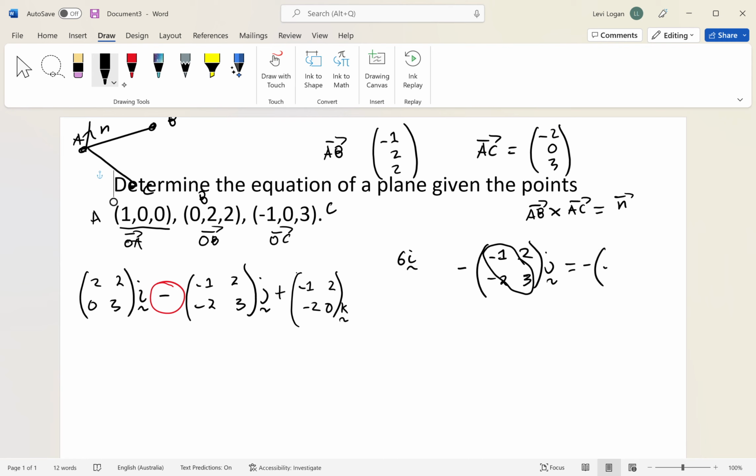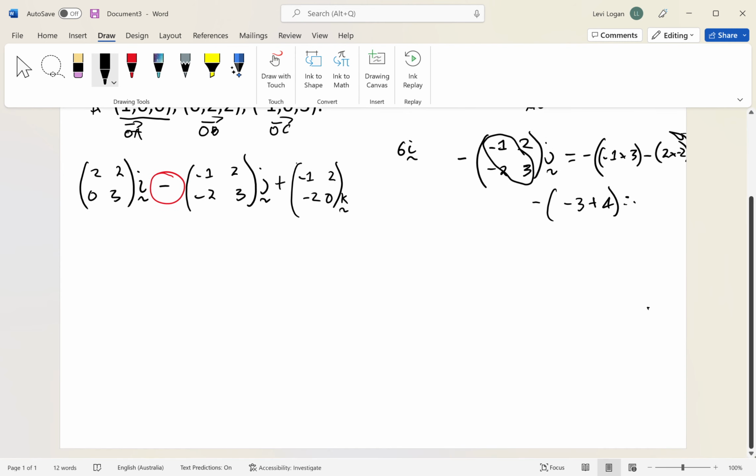So it's negative 1 times 3 minus 2 times negative 2, and there's a whole bracket around that. So that's going to simplify to, there's a negative, so that's going to be negative 3 plus 4, which therefore is negative j. So we're just going to rub all this out now.